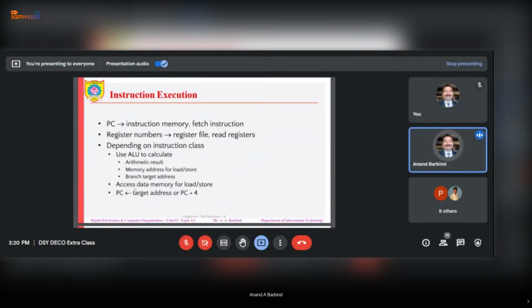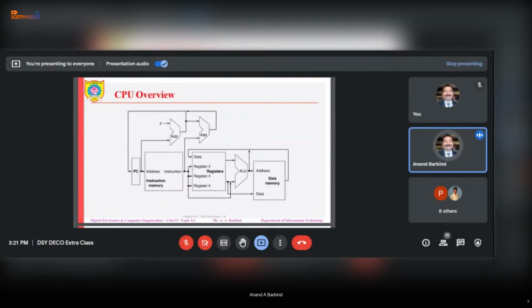The next step may be to access the data memory, to load or store the data. And the final step is to increment the program counter by 4 and store it back into the program counter so that the next instruction can be fetched. So this is one instruction cycle, and such instruction cycles are repeated so as to execute the program.